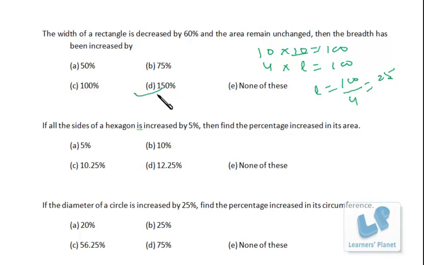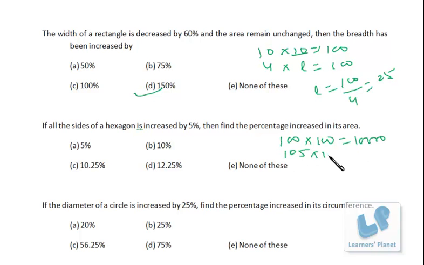Okay, so quite simple. Further, if all the sides of a hexagon are increased by 5%, find the percentage increase in area. Quite simple problem. Sides are in meter and centimeter, maybe linear unit you can say, and area is in square unit, so the impact will be in squares only. So if side is increasing by 5%, initial area will be 10 into 10, 100, or you can say for simplicity initial area is 10,000.